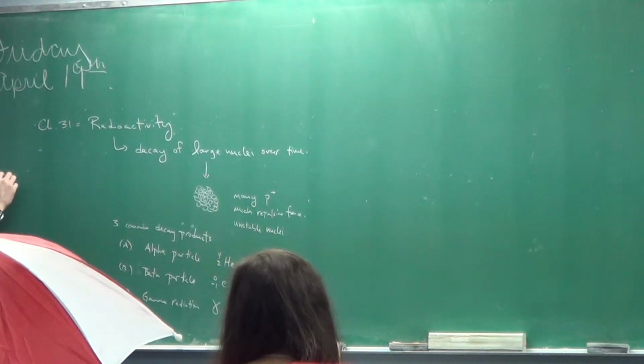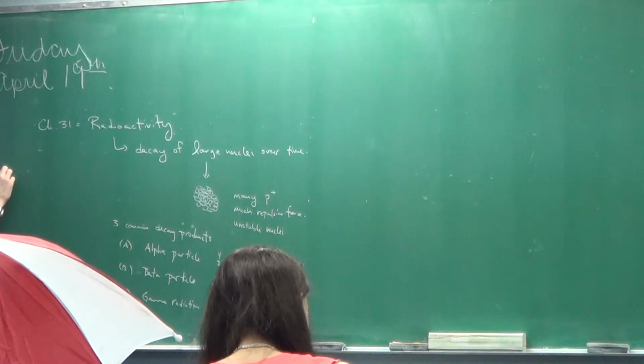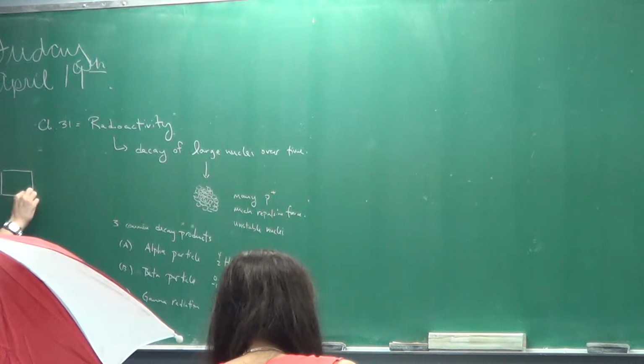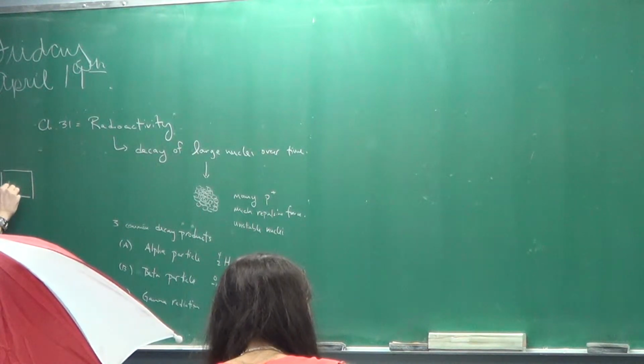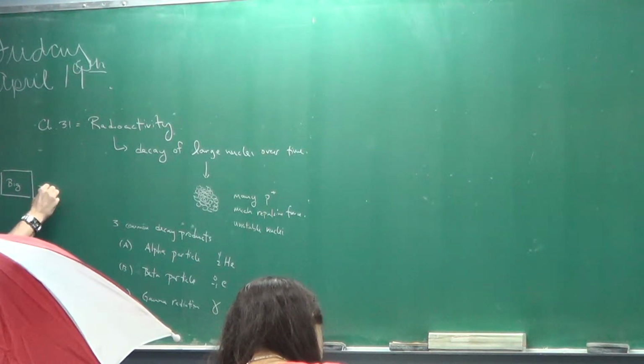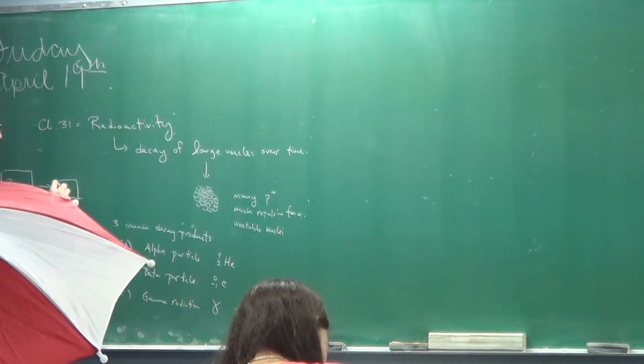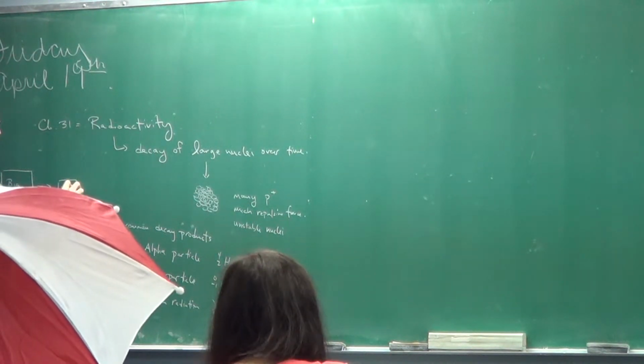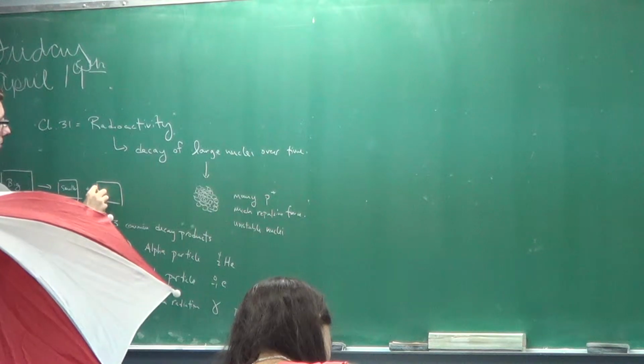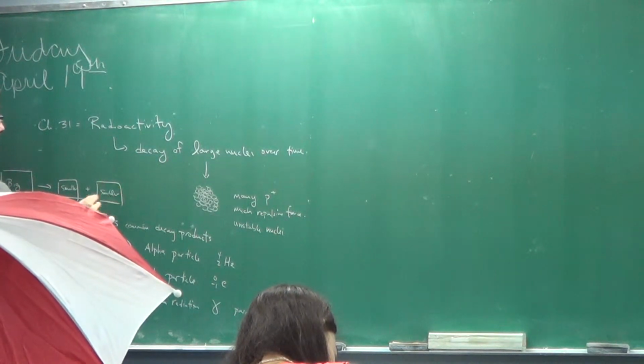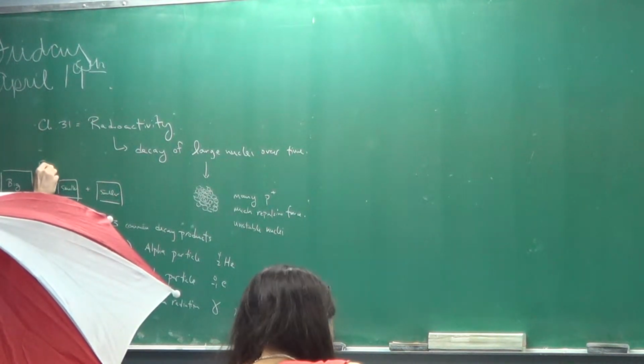Also, when we talk about the reactions that involve nuclear decay, if you start with a big nucleus and result in 2 smaller nuclei, this would be called fission.